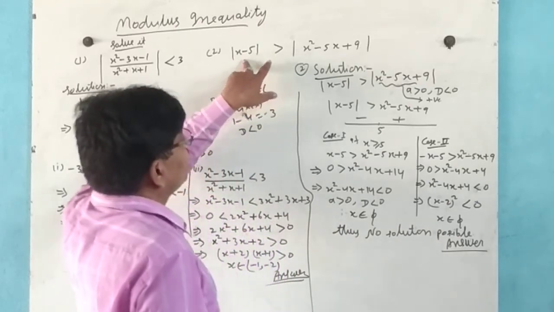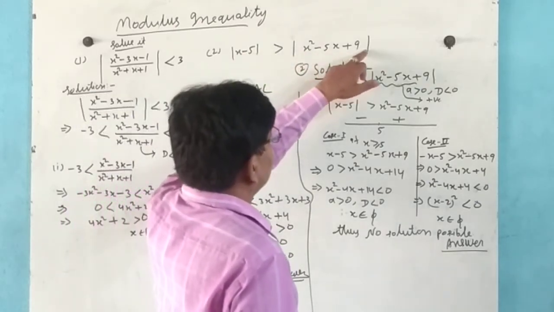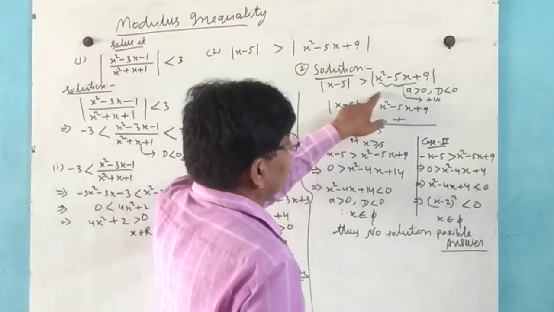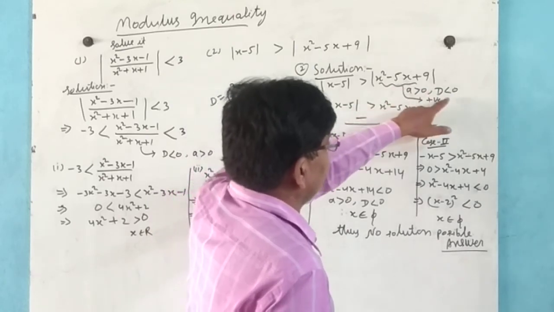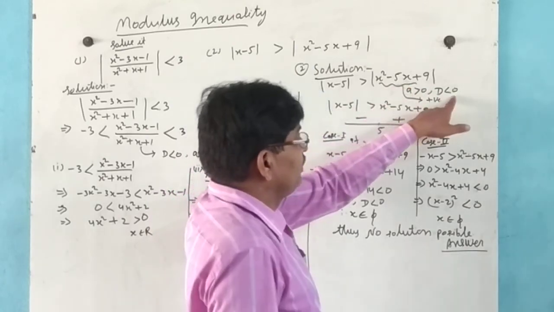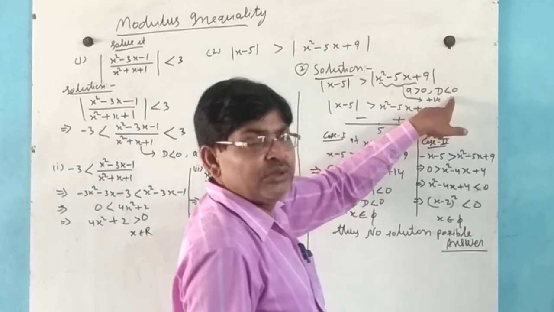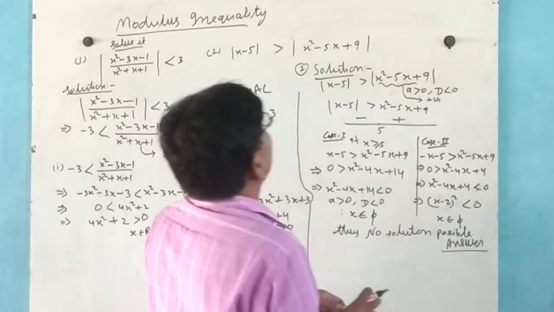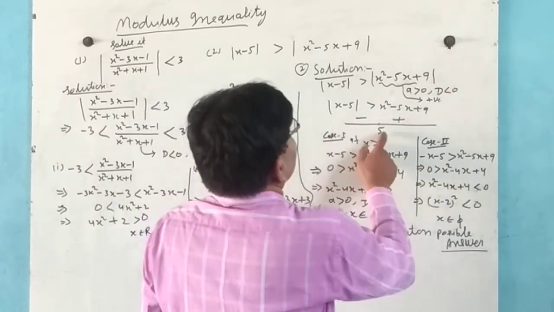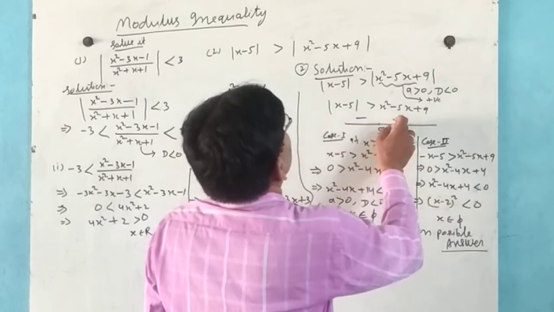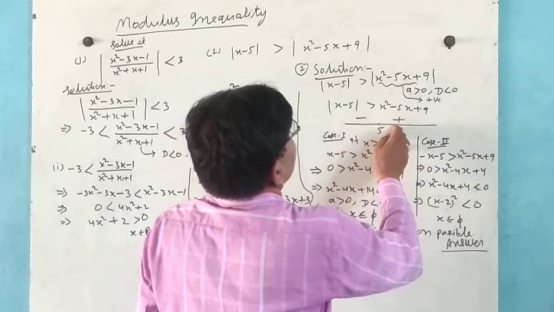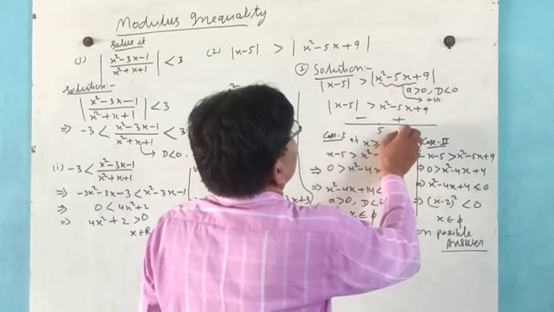Mod of x minus 5 greater than mod of this, both are mod. a is greater than 0 and here also d is less than 0, d equal to b square minus 4ac. Now we take this part, x equal to 5, negative and that is positive.